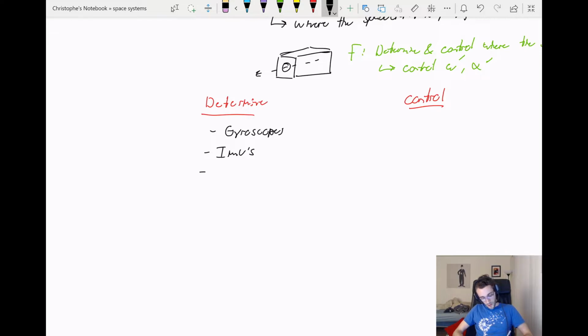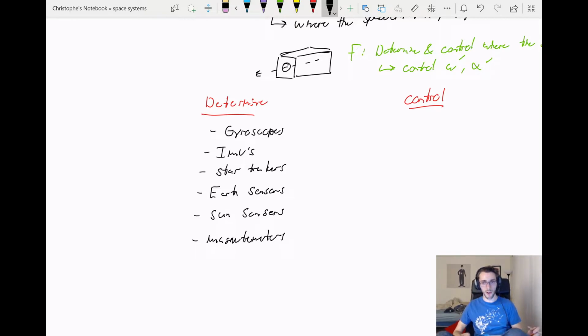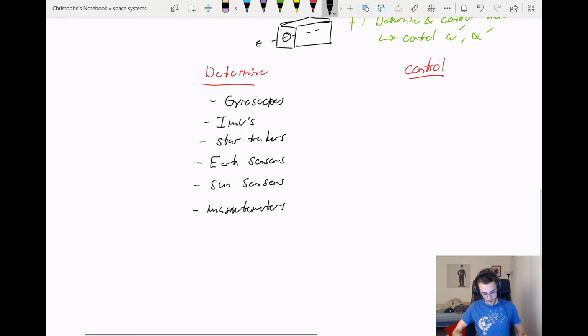You can use star trackers. We can use earth sensors. We can also use sun sensors. And magnetometers. And we're just going to go over a little bit about how each of these work.